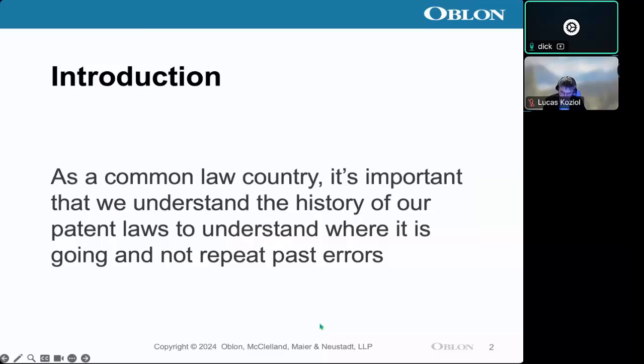But even with the AIA, you have to understand the case law, because the law is not necessarily interpreted the way it's written. And there's a statement by a few British people over the years that those who don't know their history are doomed to repeat it. And I'll tell you, in patent law, that's definitely true.